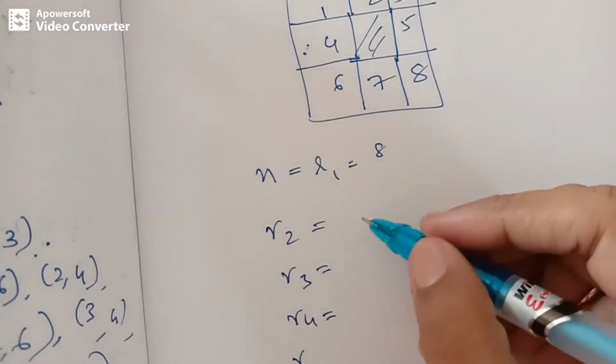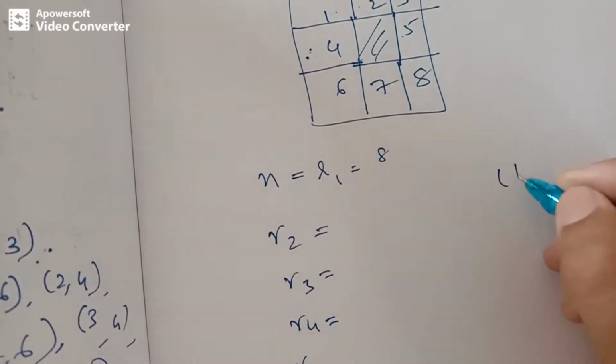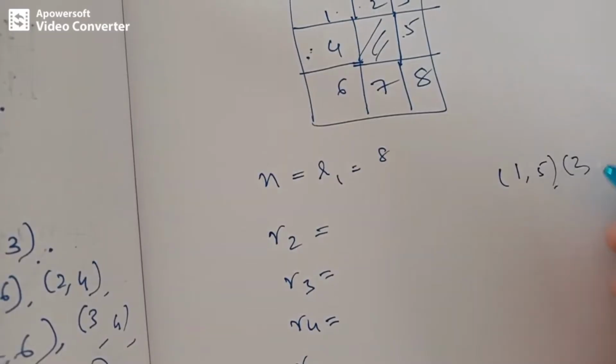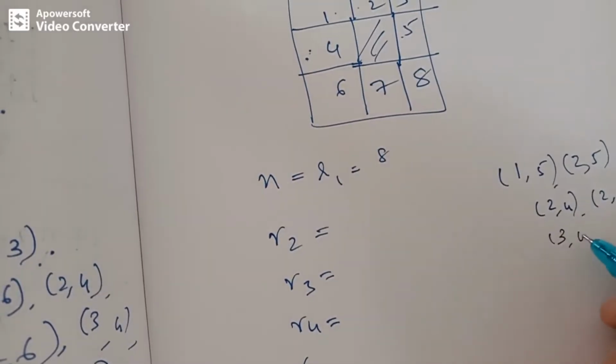What is the value of R2? We can have pairs 1-5, 2-5, 2-4, then 3-4. Then we can have 1-7, 1-8, 2-6, 2-8.